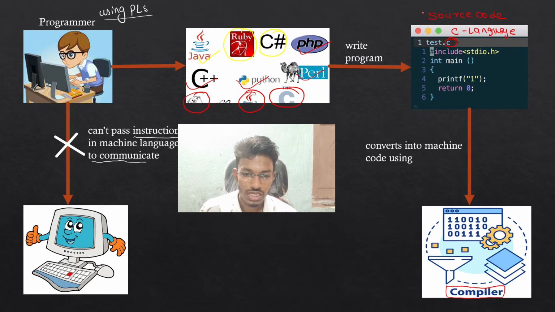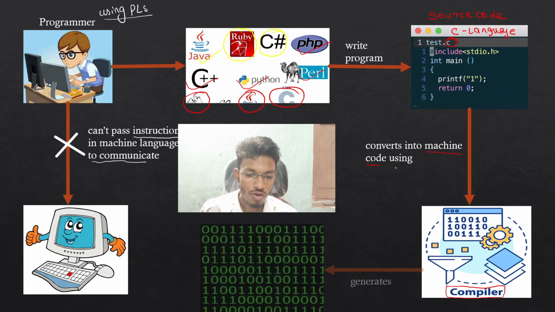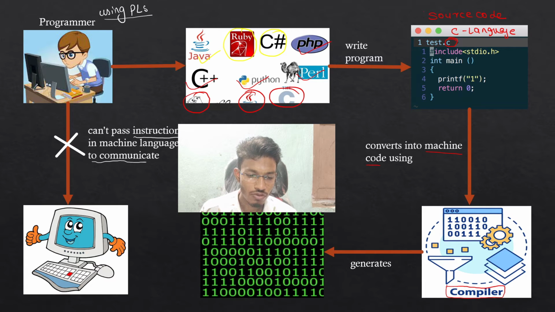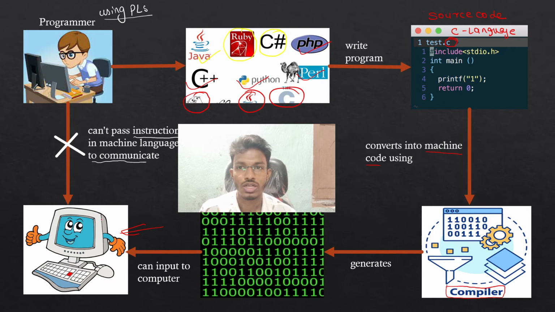After that it will generate some binary files, which are input into the computer, and the computer will understand its instructions. So this is the path followed when we communicate with the computer system.